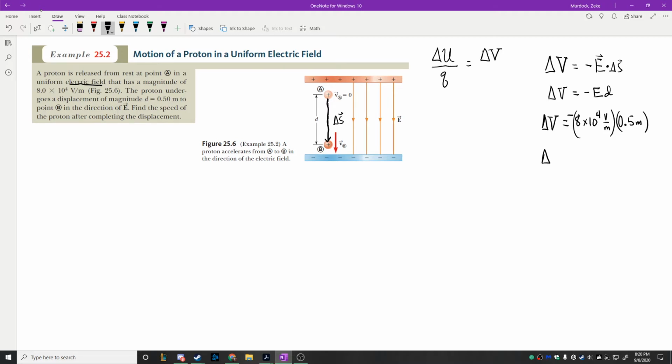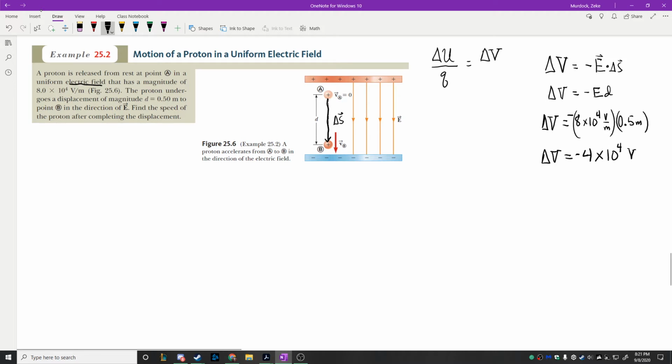So delta V should be equal to 4 times 10 to the 4 volts, and there's a negative sign on top of it. Does that make sense to you guys? Any questions?